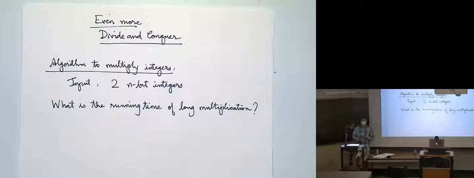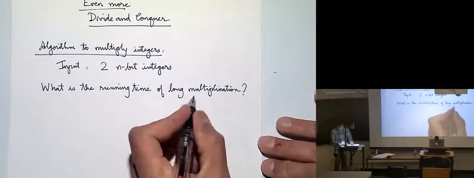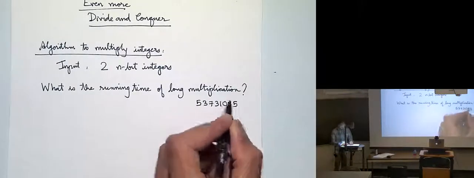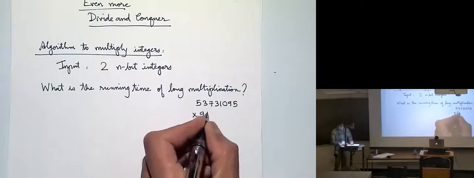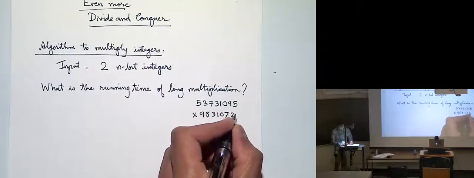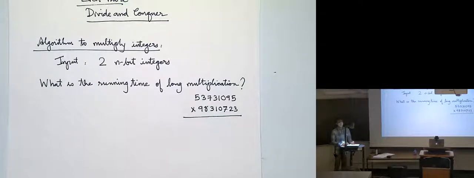N squared. Why? You have to multiply all the top digits for each bottom digit. Okay. When you do long multiplication, exactly, right?